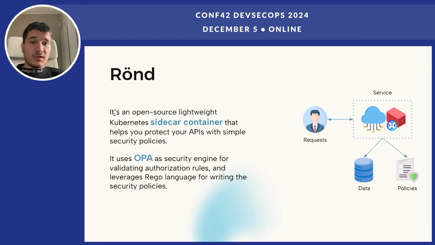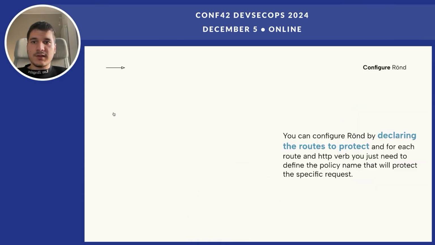Rönd is an open source project, a lightweight sidecar container for API protection that uses OPA and Rego for authorization policy validation. Rönd is an authorization mechanism that natively allows building RBAC solutions by defining concepts like roles, permissions, and user groups as building blocks inside the project.